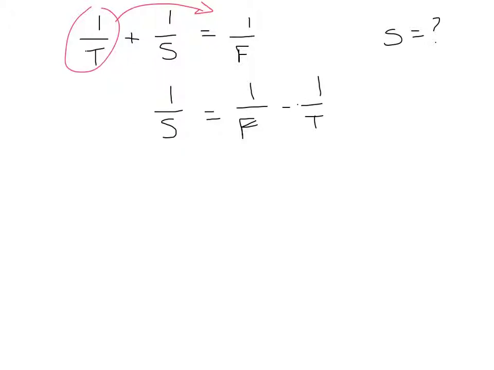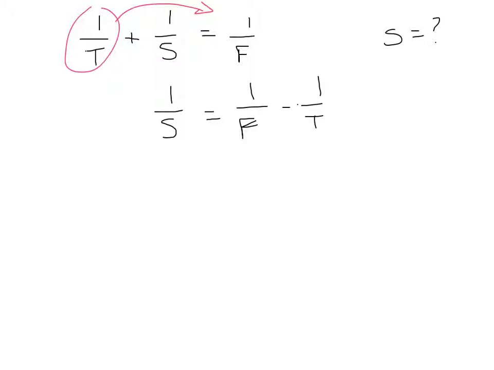Now we need to invert the 1 over s. In order to do that, the right hand side needs to be a fraction, one complete fraction, not two terms like it is at the moment. So what we need to do is to get a common denominator, and the common denominator is going to be ft.